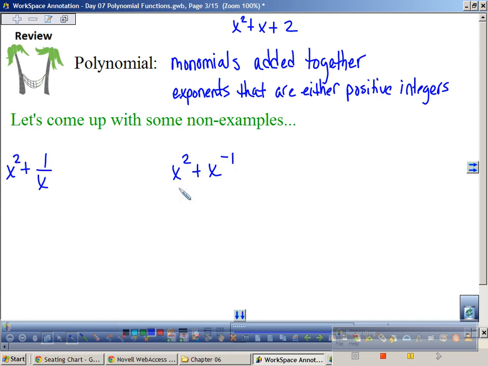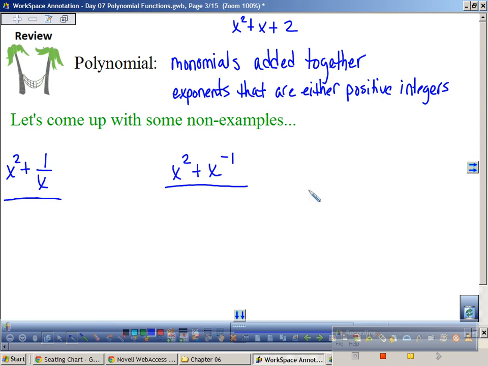There's another one. That's another non-example. X squared is a polynomial. Yeah, but this whole thing is not a polynomial.